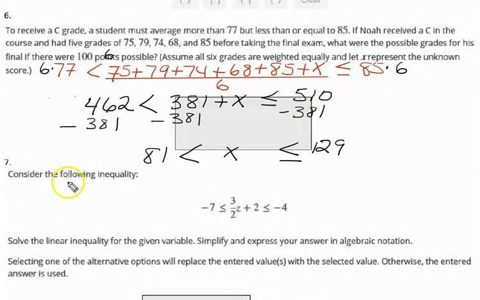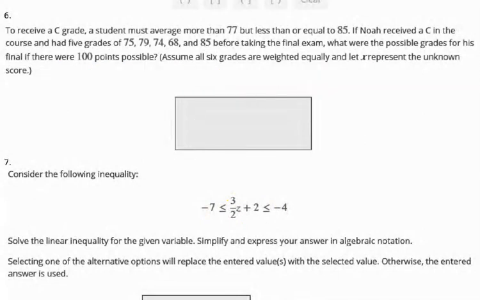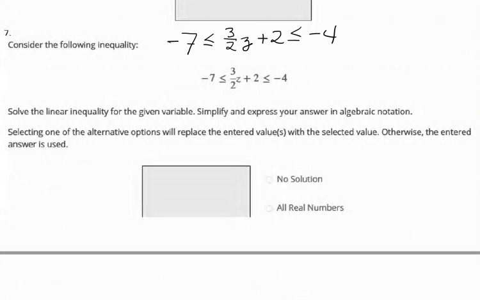Now for number 7, it's going to be solved in a similar way as we would an equation. Let me bring it up, clear this up, and we'll ask you to see what you can do. We'll rewrite it. So going back to the earlier part of this chapter, we can put our big bracket out here, and we want to get rid of that fraction. So it's just a 2, so we're going to multiply everything by 2.